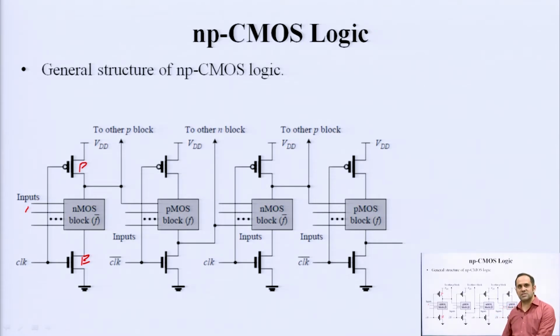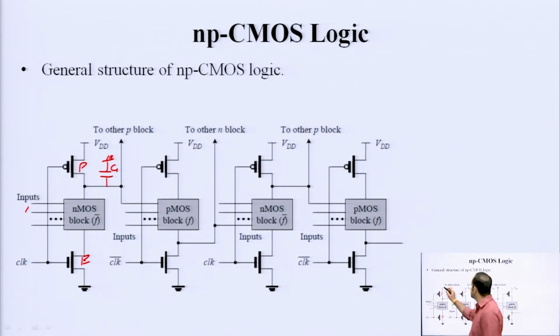How you connect this circuit further? The output here, let us call it C1, load capacitor C1, that is the output of your stage number 1. This output is connected to one of the input of the PMOS block in the second stage. So, this is stage number 1, this is stage number 2.